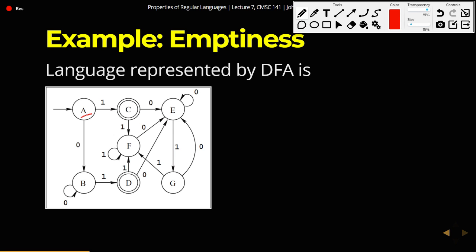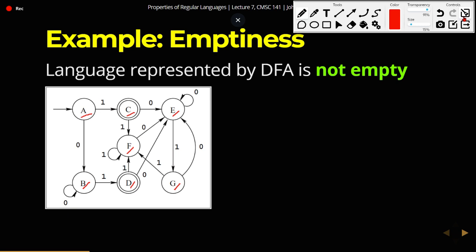And then we can also reach C. Then from C we can reach E. From A we can also reach B. From C we can reach F. From E we can reach G, and from B we can reach D. So all states are reachable, and of course there are final states that are reachable. So this language is not empty because we can reach some final states.